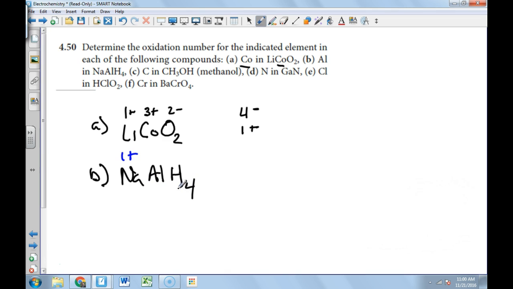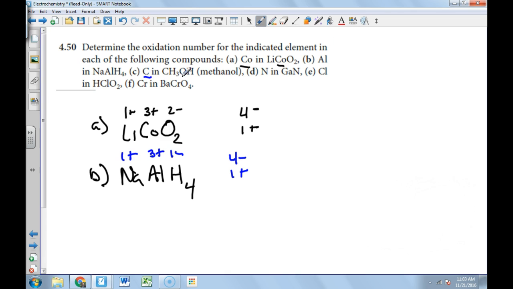Now, hydrogen is funny. Hydrogen is almost always 1+, except when it's with a metal. And so now with hydrogen, this hydride, when it's with a metal, the hydride is 1- with 4 of them. That means we have a 4- there. And then sodium is still 1+. And so aluminum is going to be a 3+.